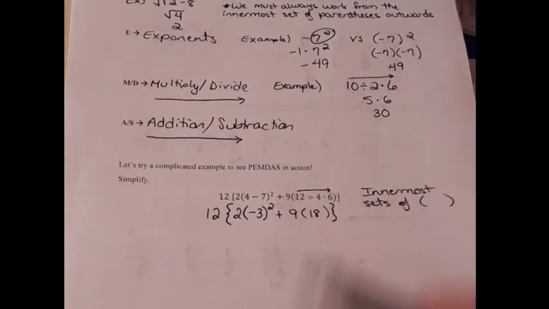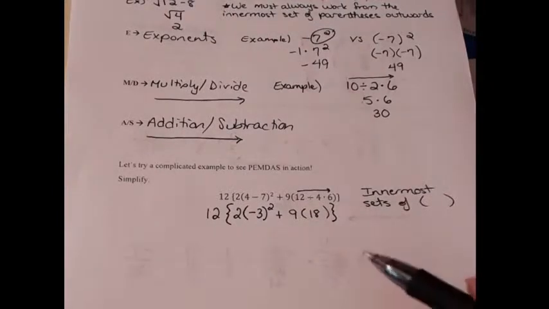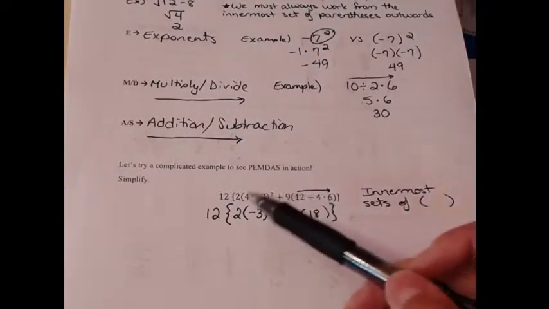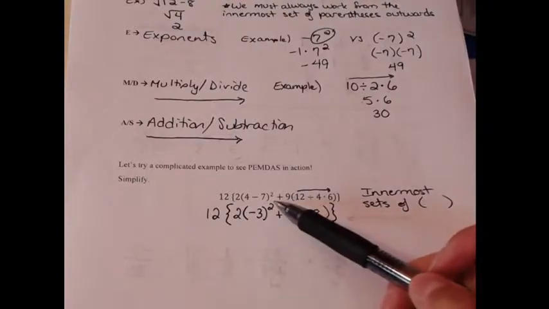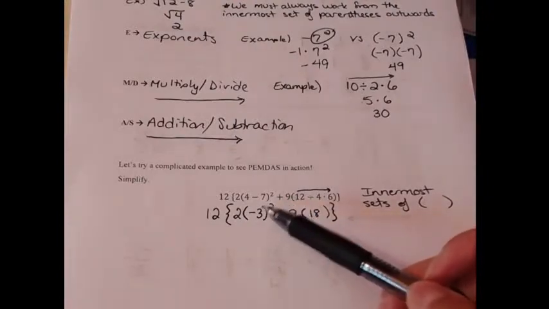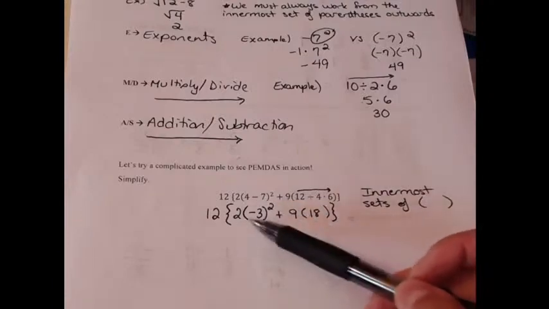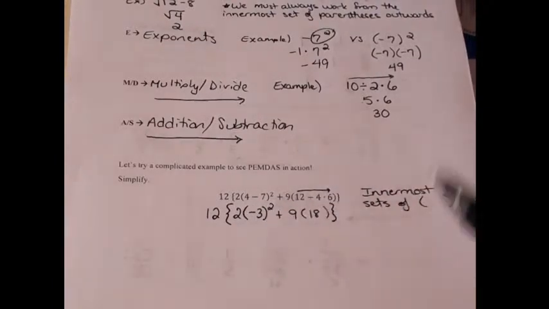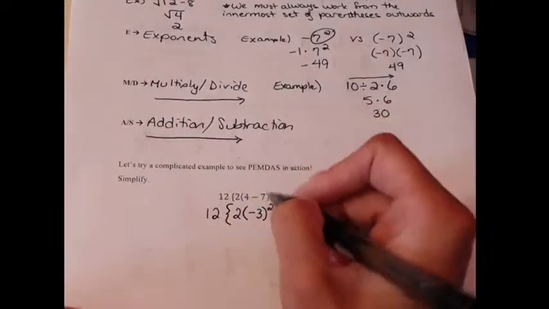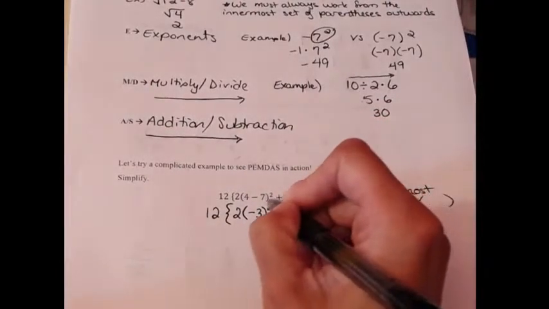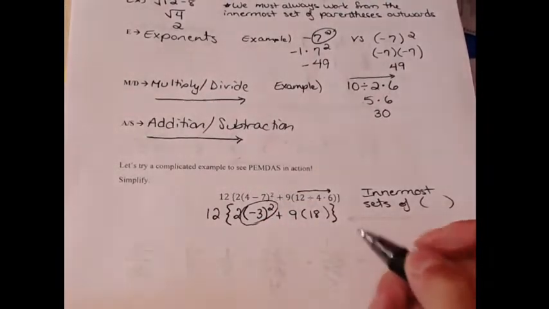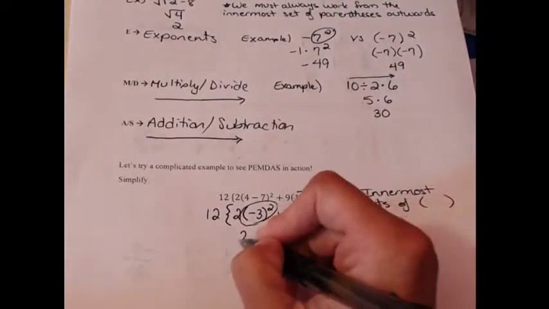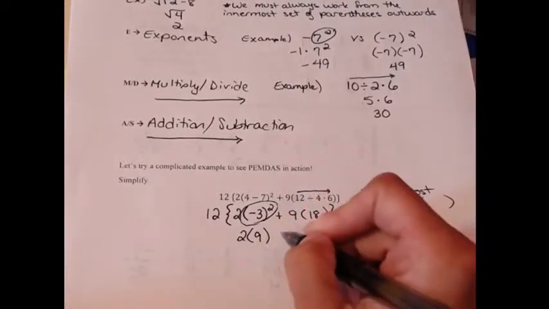Just by saying that out loud, you should say, oh, wait a second. 2 times a negative 3 squared, that means a negative 3 squared has to come first. My exponents must be performed before multiplication. So if it helps, I can go ahead and circle this. Negative 3 squared, that's a negative 3 times a negative 3, which is a positive 9.